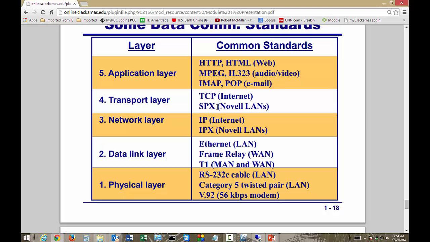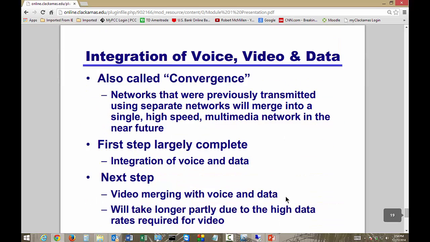And if you still have an old Novell network, they're still out there. You can have SPX over IPX. Then you have data link, which is Ethernet, frame relay, T1. Those are just a few examples. There's a lot more than that. And then you have the physical layer, which is the cable, the NIC, the LAN, the modem, if you still use those.